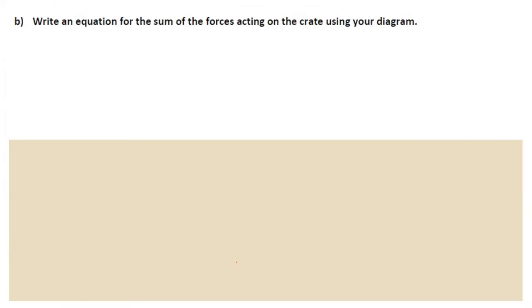Part B is asking you here to write an equation for the sum of the forces acting on the crate using your diagram. And we mentioned this in the last sheet earlier in the video: whenever you're writing an equation from a circular motion free body diagram, you take FC and you set it equal to all the forces going in the direction of the center of the circle, and you subtract all the forces going opposite the center of the circle.